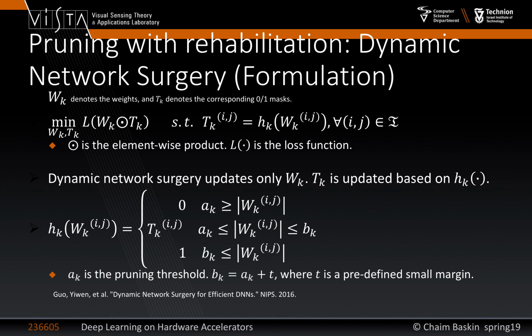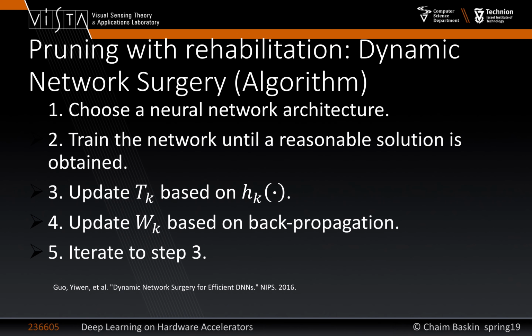Dynamic network surgery updates only our weights Wk and parameters Tk, based on some other parameter during training. How does the algorithm work? We choose a neural network and train it until a reasonable solution.